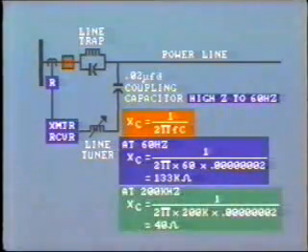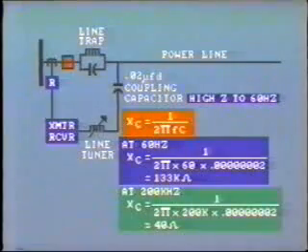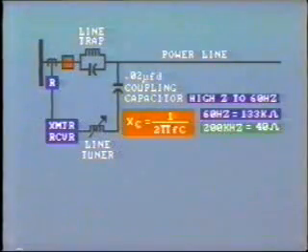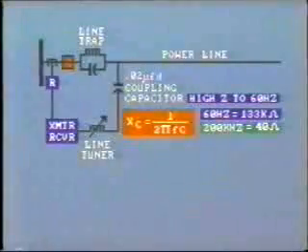On the other hand, at the signal frequency of, say, 200 kilohertz, that is 200,000 hertz, the capacitive reactance works out to about 40 ohms, a low impedance which allows the flow of high-frequency signal. This impedance is even further reduced by adding a reactor in series.